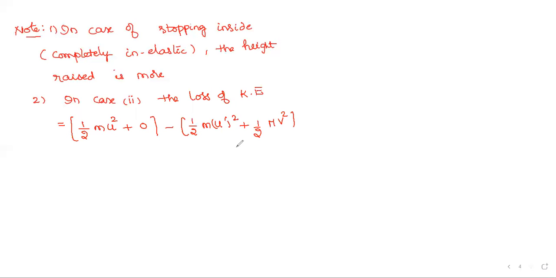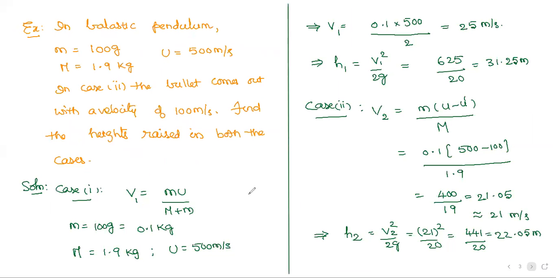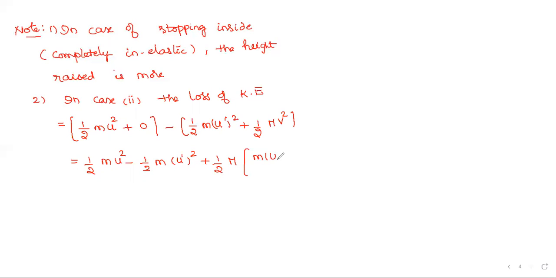Don't try to calculate here, that becomes a big one again. Like this is half m u square minus half m u dash whole square plus half capital M into v square, means again I have to substitute that value here: m into u minus u dash by capital M. M into u minus u dash whole square by capital M. By solving this whole thing, finally you may get like this.